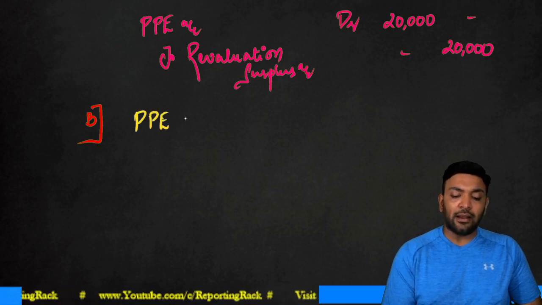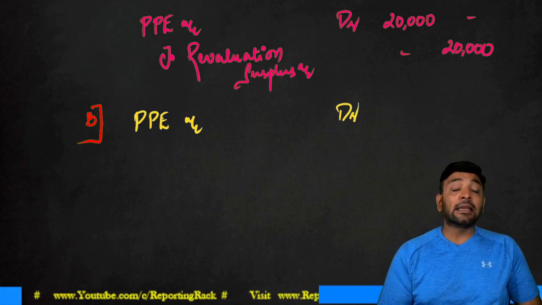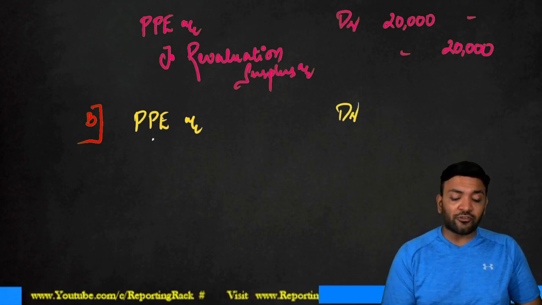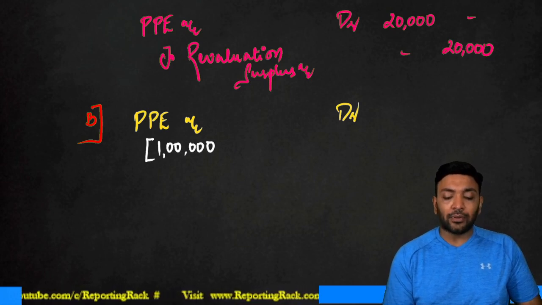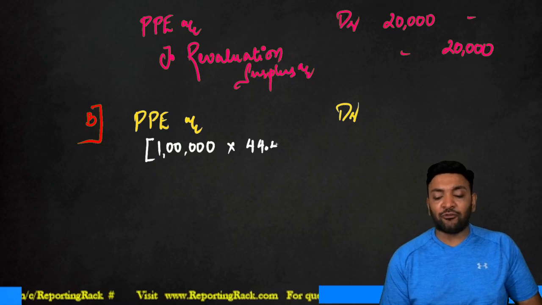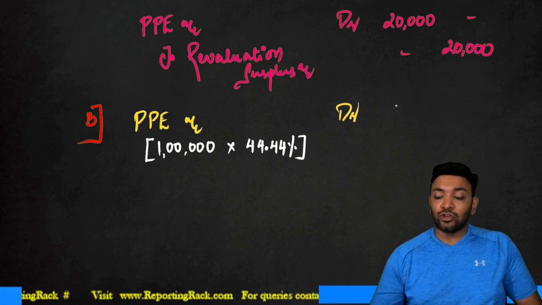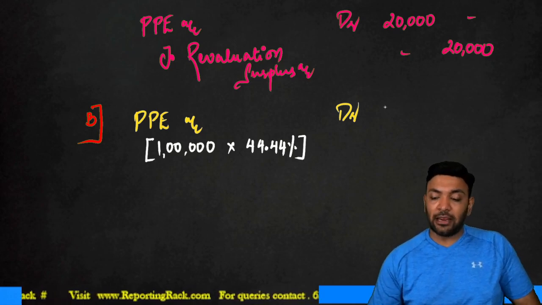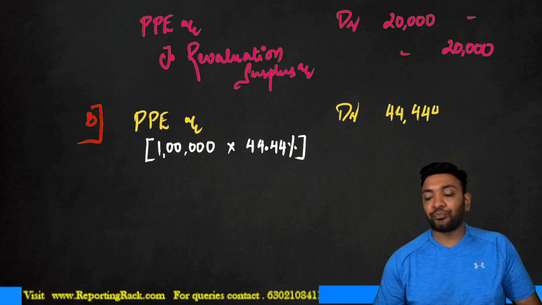PPE account debit. Increase it with the proportion of revaluation. 1 lakh is the cost of PPE, and you are increasing it by 44.44%. So that means this amount is going to be 44,444.